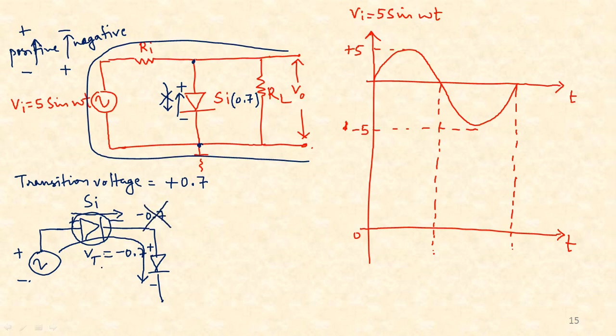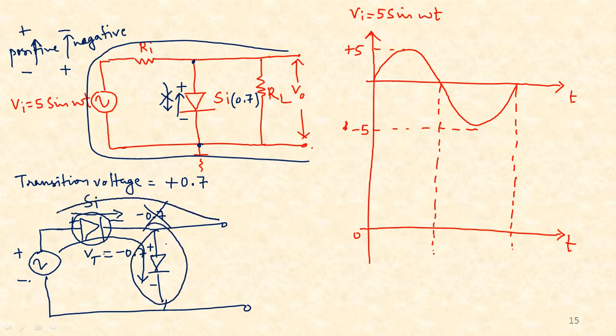But I am saying that this is wrong. It has to be plus 0.7. Why? Because this diode is completely parallel. This path is completely parallel with respect to this path. So while noting down the transition voltage, you are not supposed to consider this path. Just consider this entity.